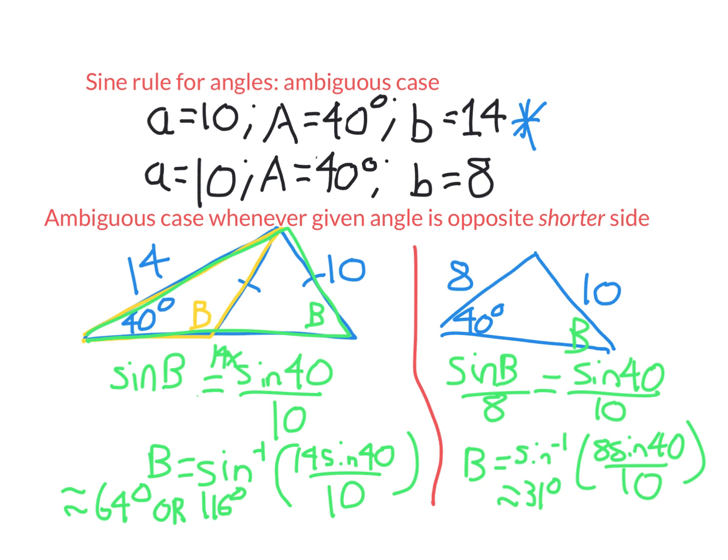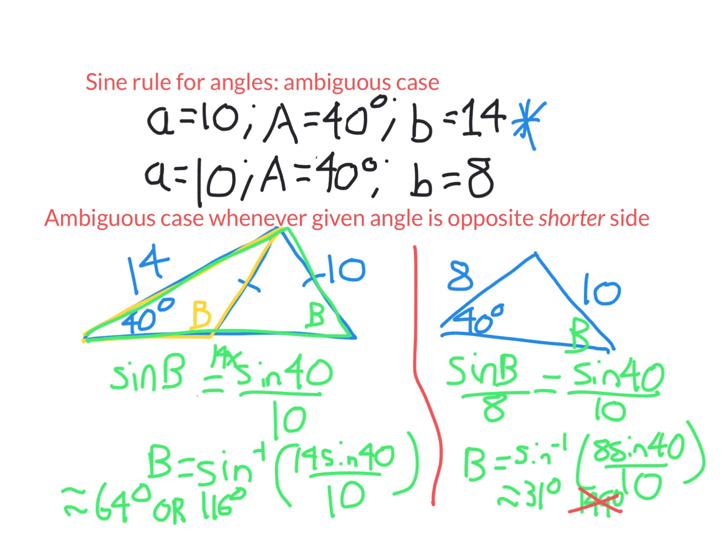Now, if we tried to find the other solution, 180 minus 31 is 149 degrees. But that doesn't work because this angle's 40. If this was 149, the angles in the triangle would add to more than 180, which can never happen. So with the ambiguous case, when you're using the sine rule to find an angle, you can always find the second solution and see whether or not it makes the angle sum more than 180 degrees.